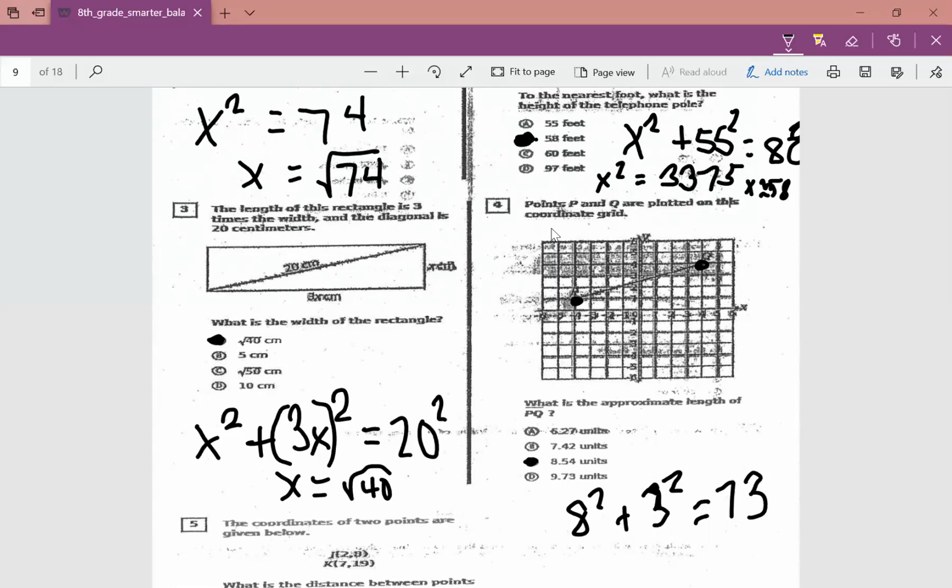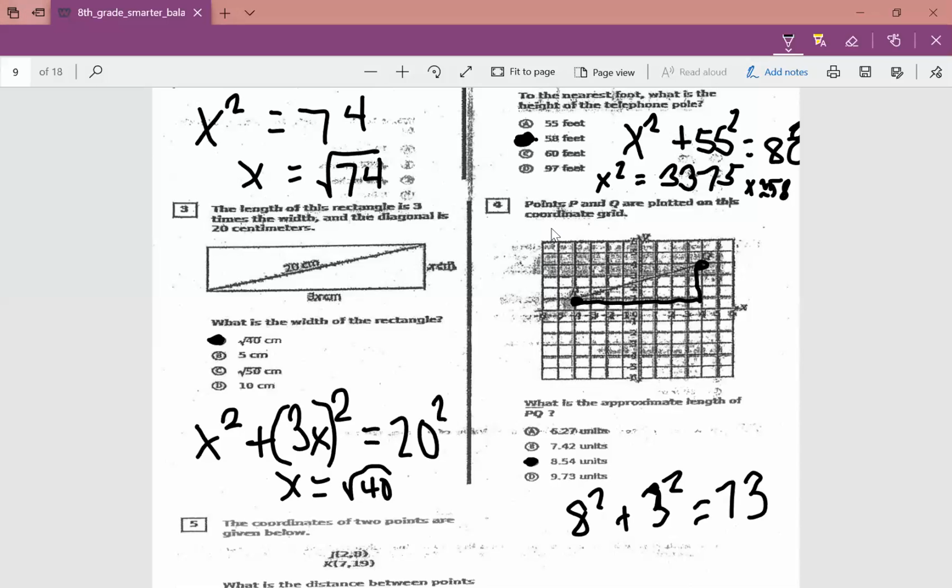Number 4, points P and Q are plotted on this coordinate graph. This is where I had stopped. But basically, here are your 2 points. What is the approximate length of PQ? Whenever you have a line segment, it is the hypotenuse of a right triangle, and you need to figure out what the legs are. You can draw the triangle if you want.